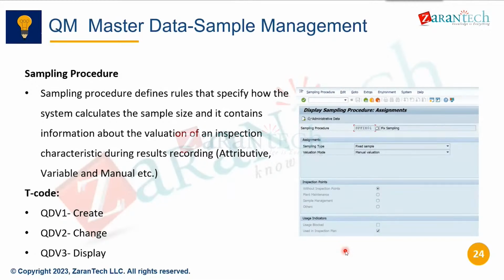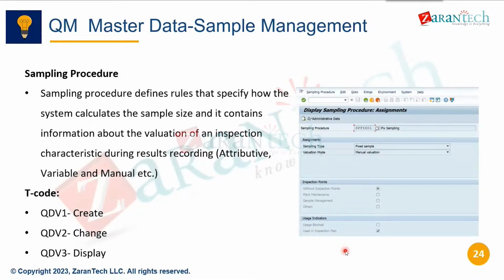If it is plant maintenance, for inspecting equipment you need a different sampling procedure, because for equipment and products the same sampling procedure will not be used. If you are using a sample drawing procedure, then always you have to go with sample management. This is important.